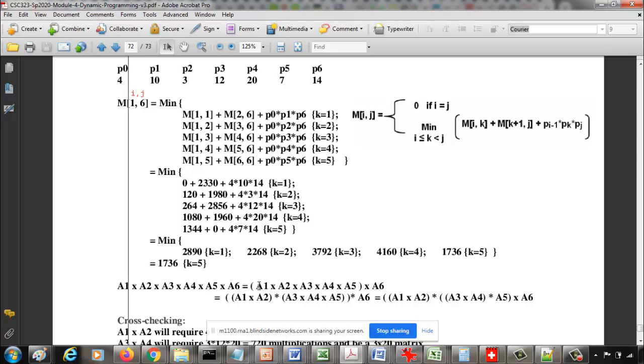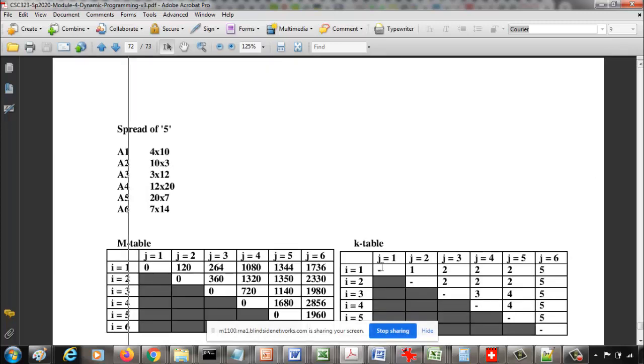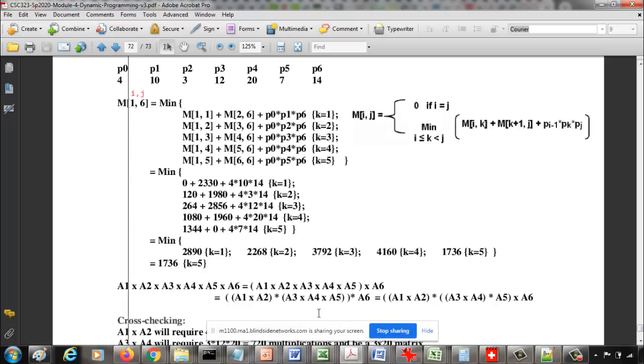Now you have a subchain of length more than 2, A1 through A5. We need to know how to split that further. A1 through A5 means i equals 1, j equals 5. The k table says split at 2. So A1, A2 is one subchain, then A3, A4, A5 is another subchain.